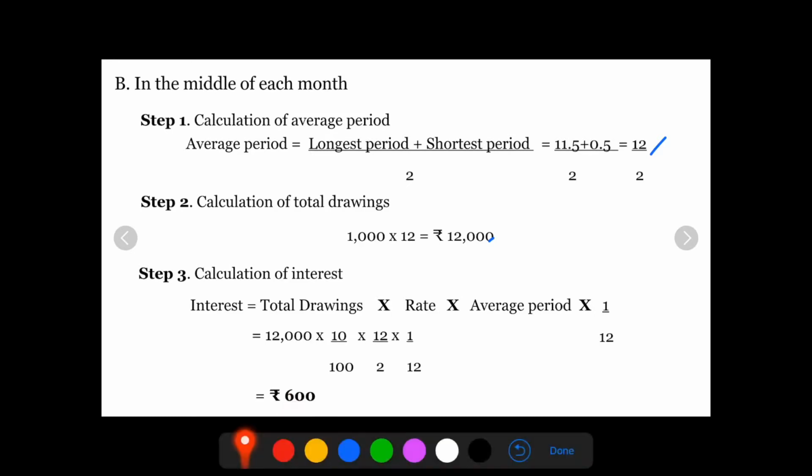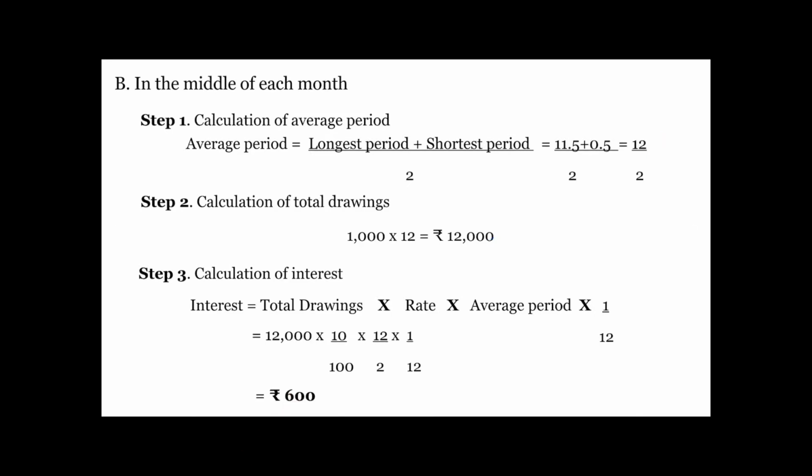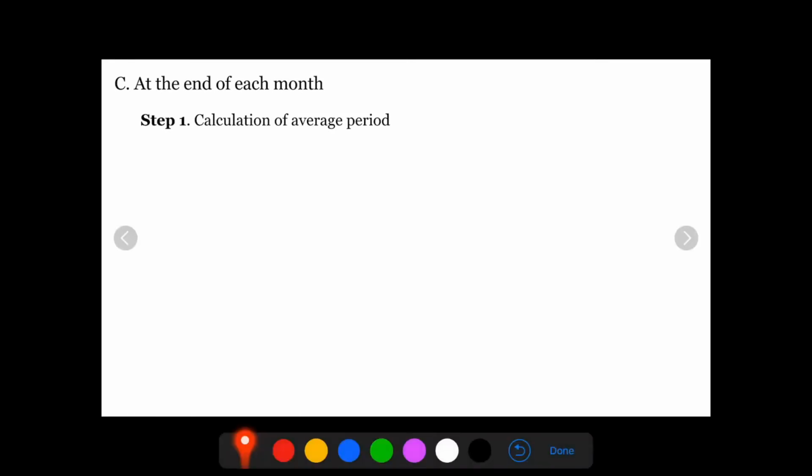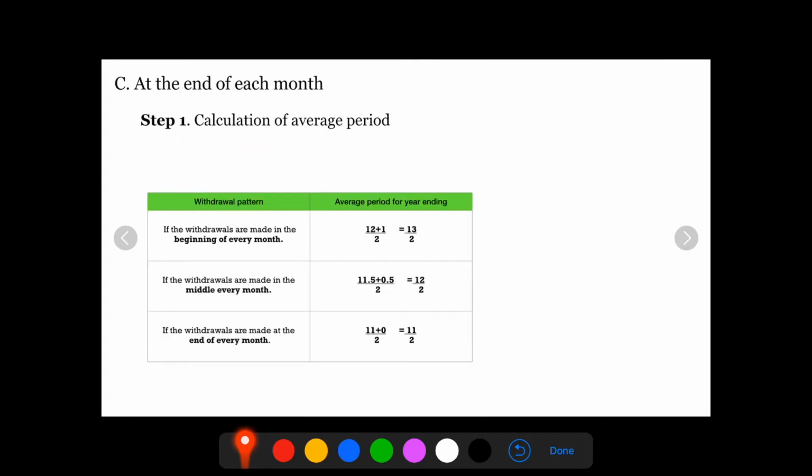Let's proceed with the last scenario, that is, if the withdrawal happens at the end of each month. End means 30th or 31st. Step 1, let's calculate average period.